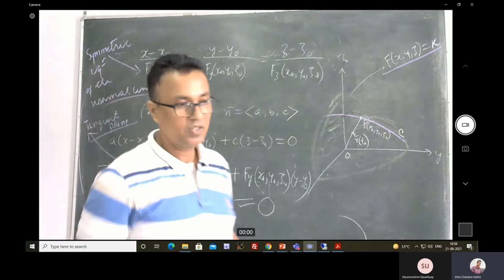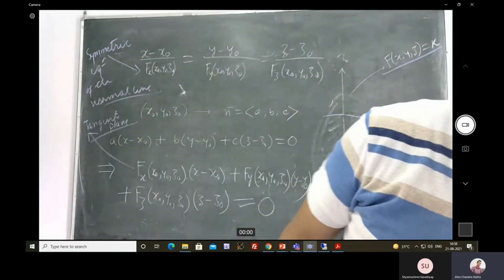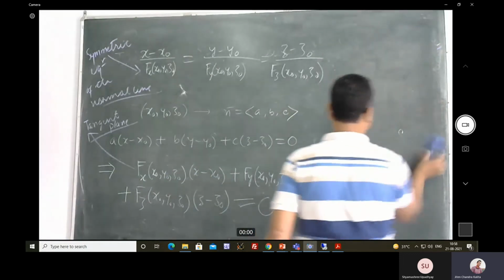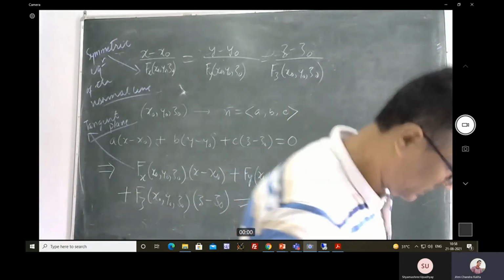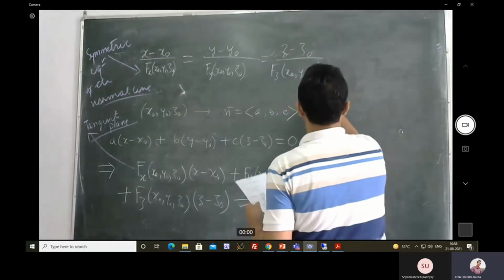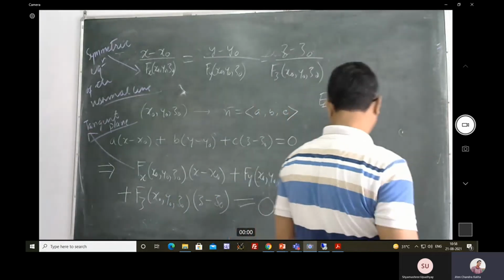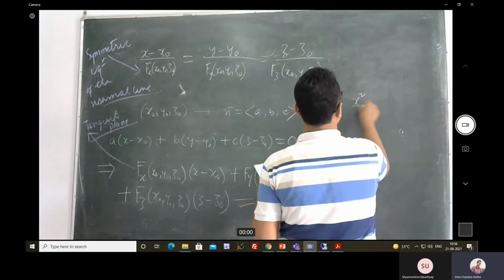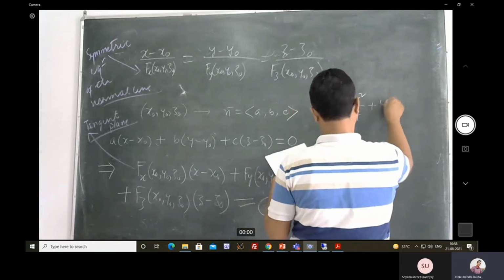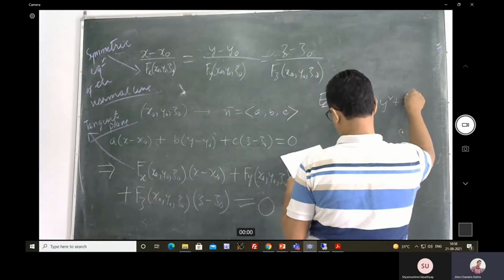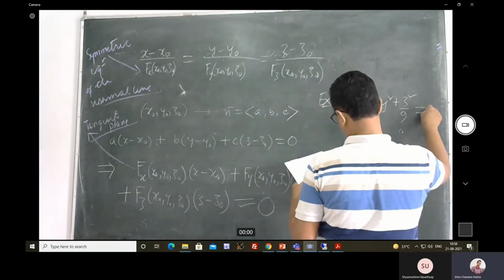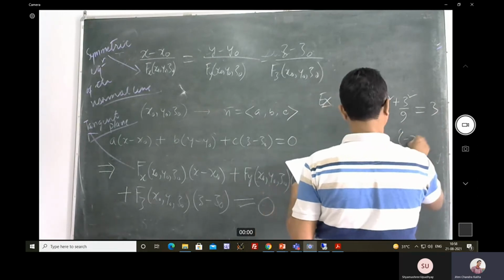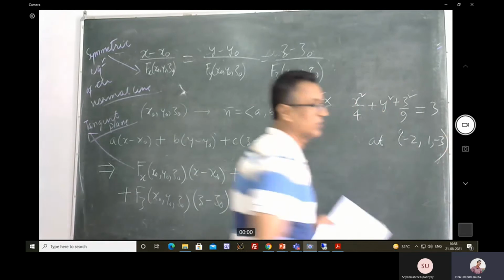Okay, so we can take a very small example. See, the question is: find the equation of the tangent plane and the normal line to this surface at -2, 1, -3.